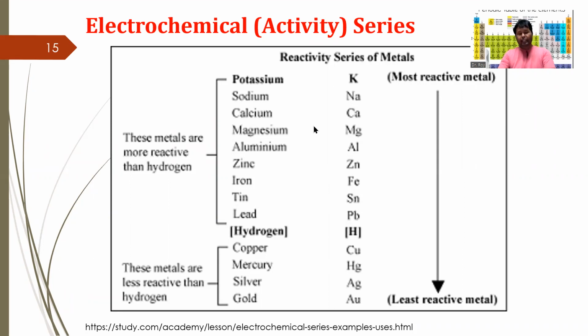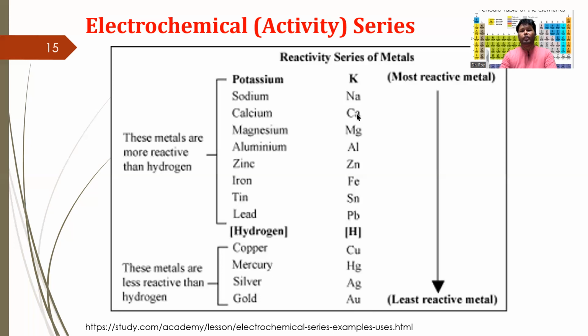If we organize all the metals in a series measured by the ability to donate electrons, that is known as the reactivity series of the metals. In that series, potassium has the tendency to donate electrons faster than any other.